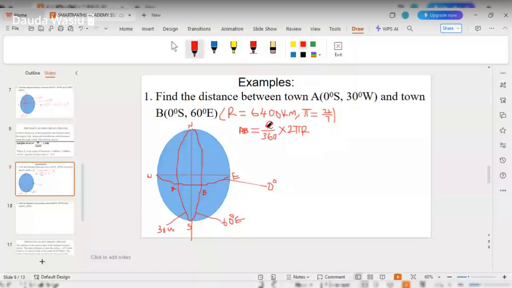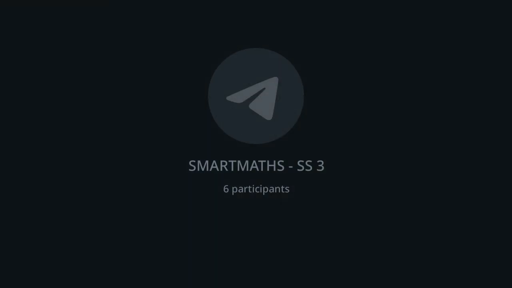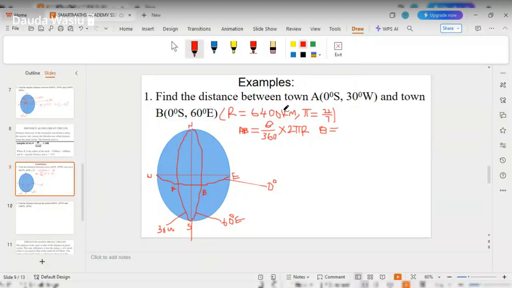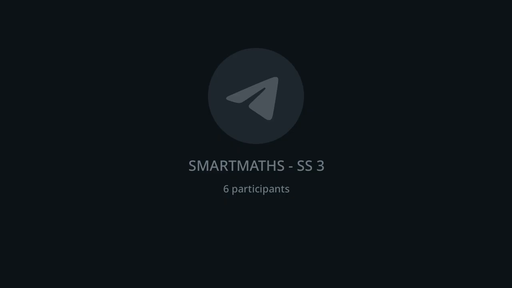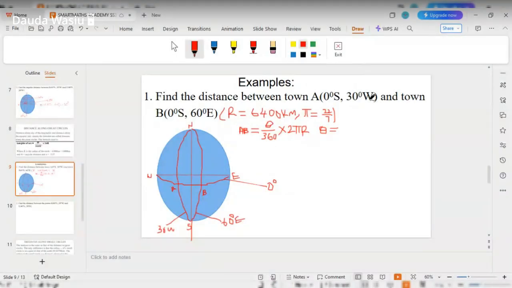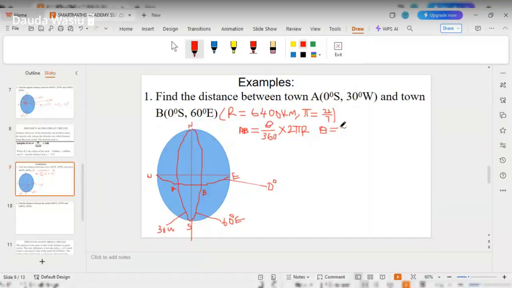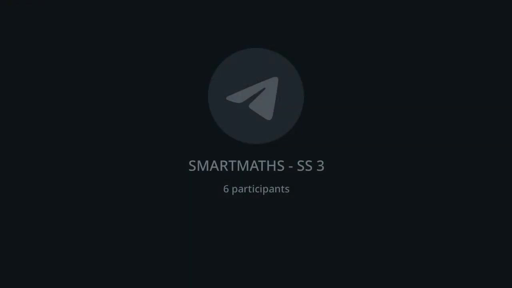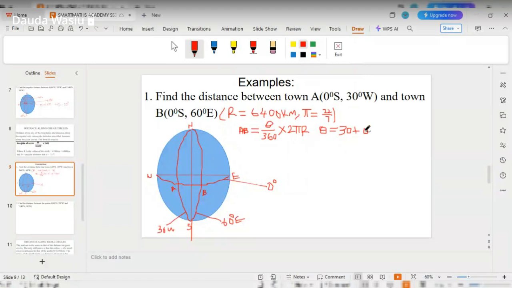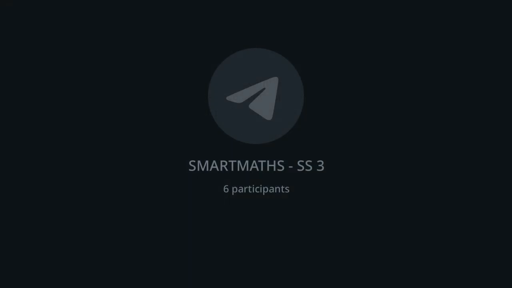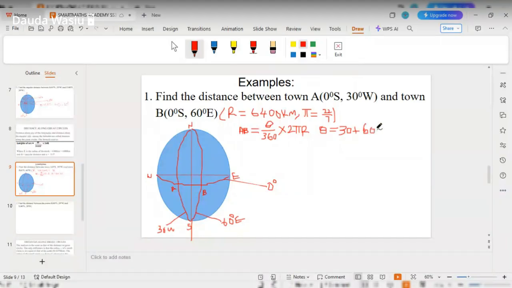Theta equals, so we get our angular difference from the longitude. Since they are on different sides of the longitude, we are going to add. So it's going to be 30 plus 60, which is equal to 90 degrees.